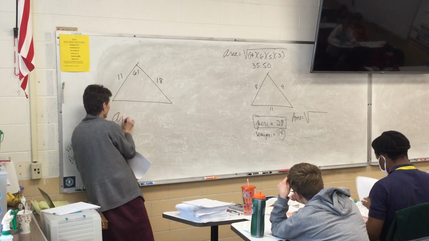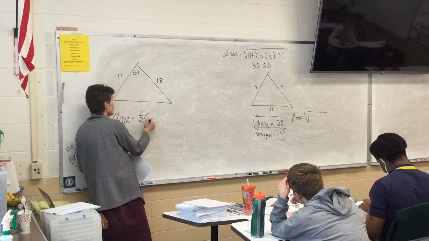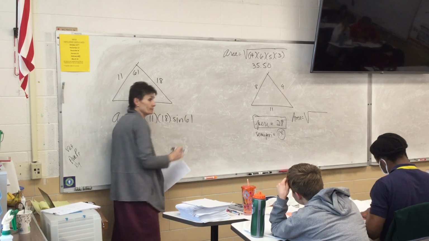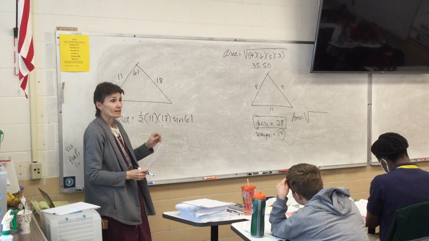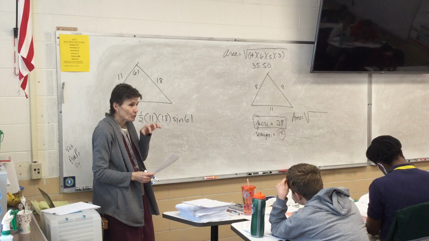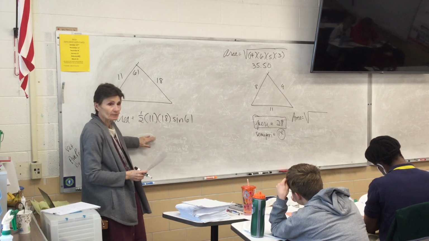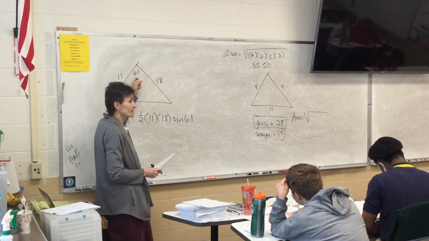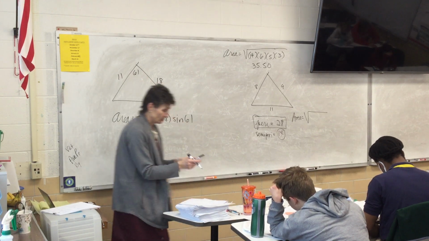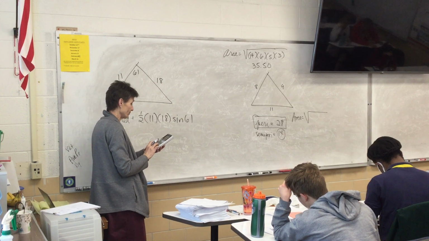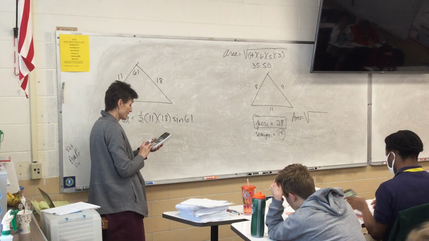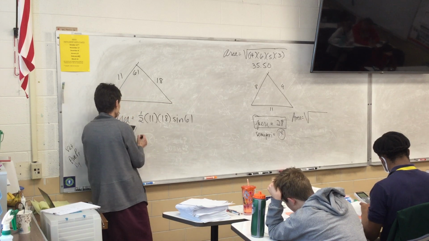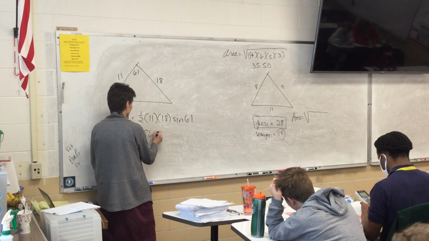So that area is 1/2 times 11 times 18 times sine 61. There is nothing for you to do except write it down: 1/2, side, side, sine. I got 86.59.